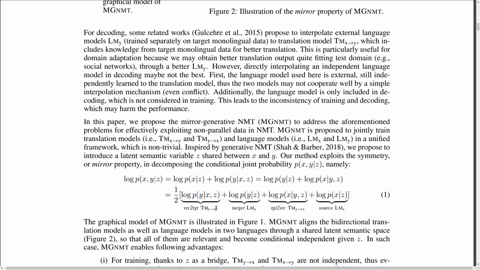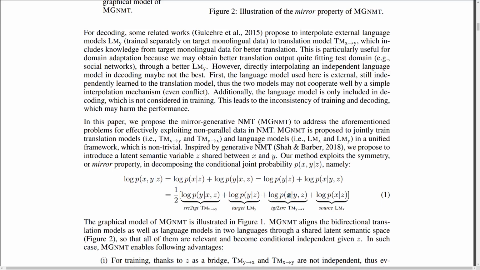You also have a target to source model, which models the reverse direction, so it tries to predict the most likely German sentence given the English sentence. So it's predicting the most likely input.